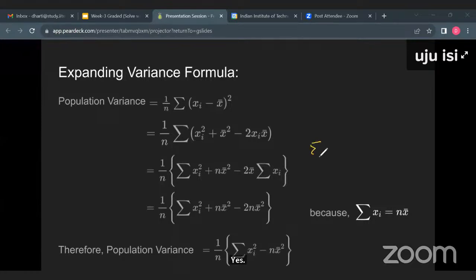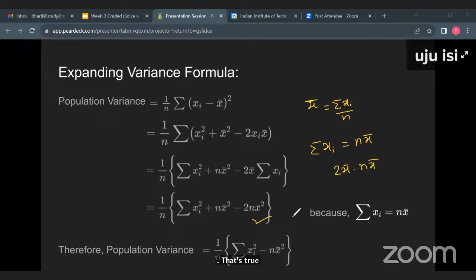So when it is summation xi, can someone recall the formula for the mean of the data set, x bar is equal to what? Summation xi by n. So now you know the summation xi, how will you write it in terms of n and x bar? n x bar. Okay. So if I write twice x bar into n x bar, it will be minus twice n x bar square.